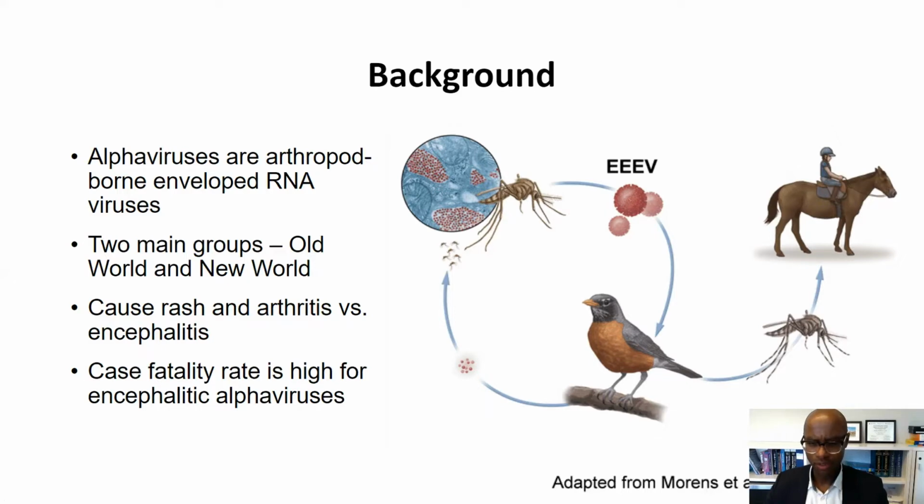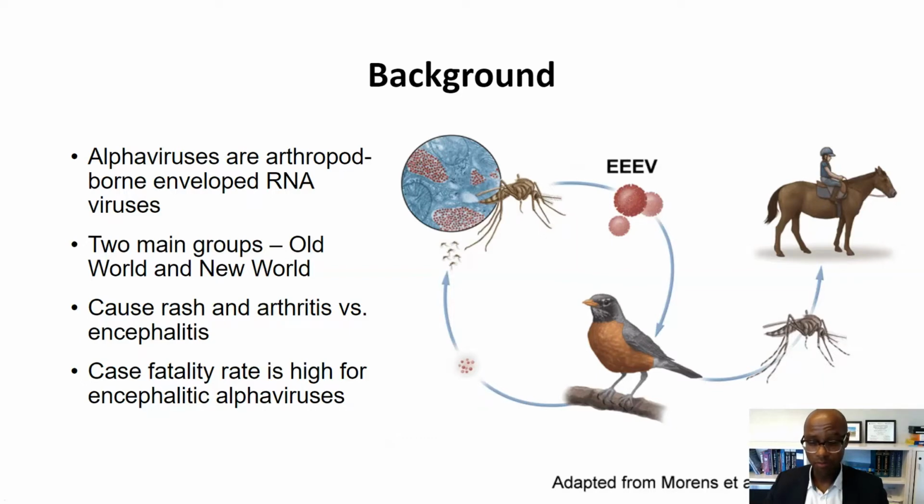And so Eastern equine encephalitis virus, here I'm showing you an example of how this virus is amplified and maintained in nature. The virus can be carried by mosquitoes, where it replicates and ultimately, via blood meal, can infect the bird, in this case serving as a reservoir. Birds can then infect additional mosquitoes, so the cycle can effectively be a reservoir in nature for the virus to be amplified.